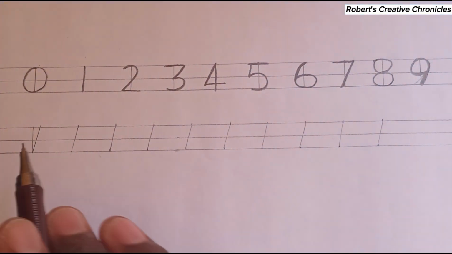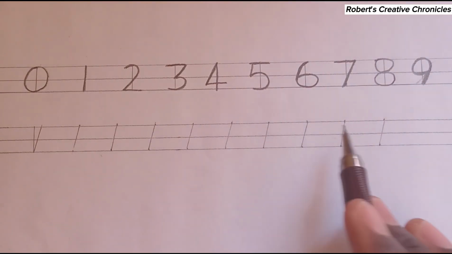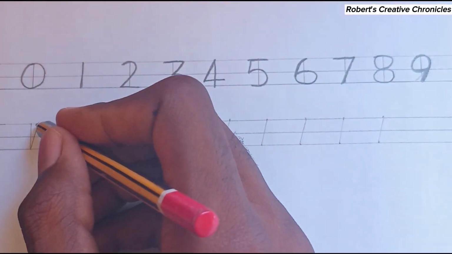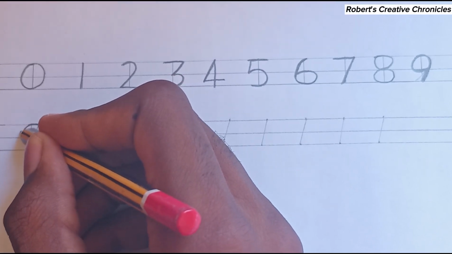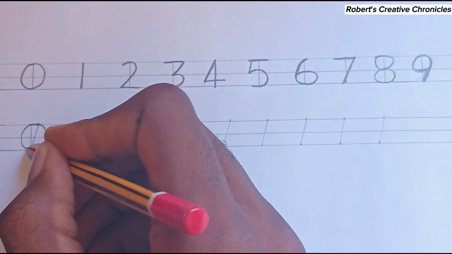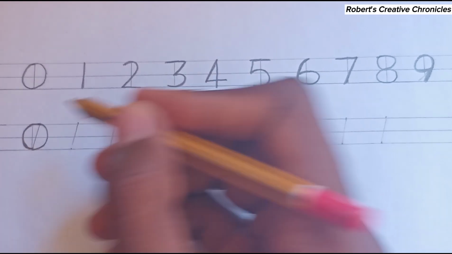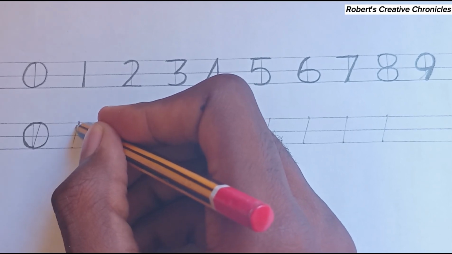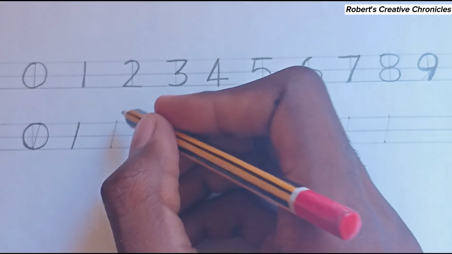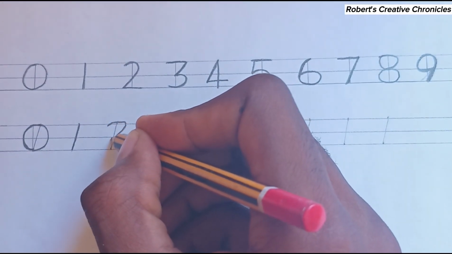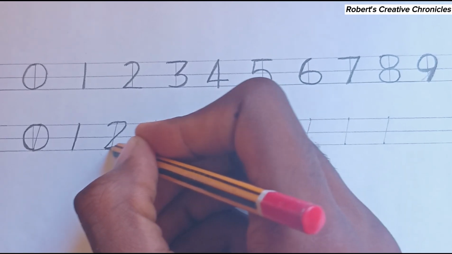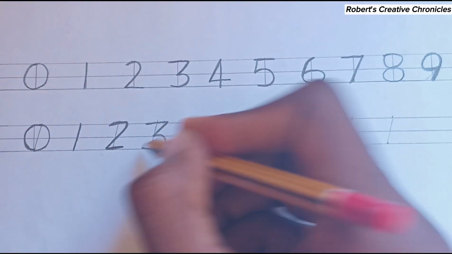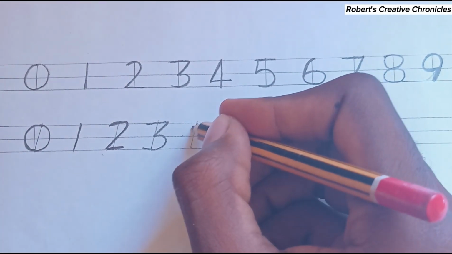So now this is 0, 1, 2, 3, 4, 5, 6, 7, 8, 9. We can now draw it, or we can write the numbers, the inclined numbers. So for 0, this is for 0. Then 1. Then 2. Then 4.